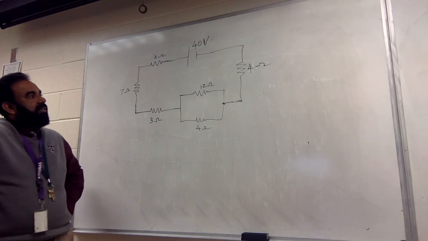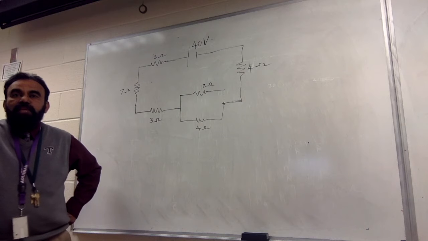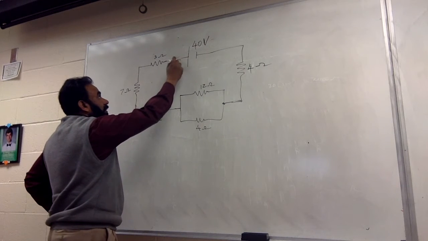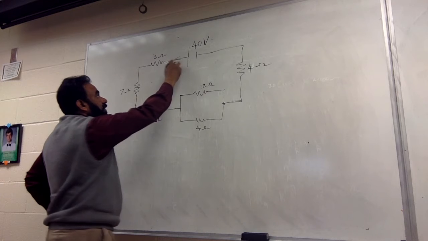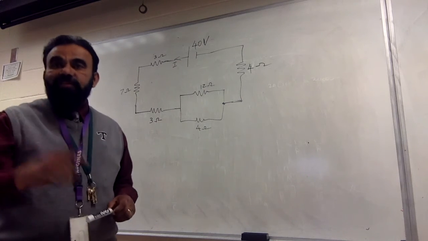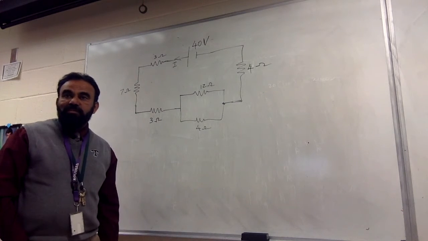Now if you look at this circuit, and if I ask you, what is the current that's going to flow out of the battery? As I said earlier, will the current just start flowing by looking at the 3 ohms?